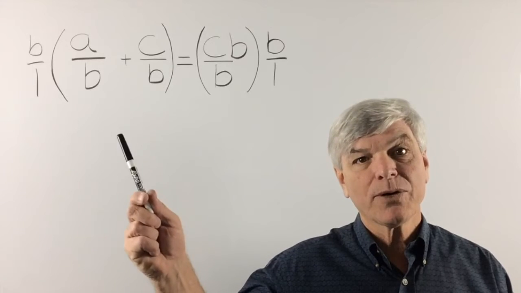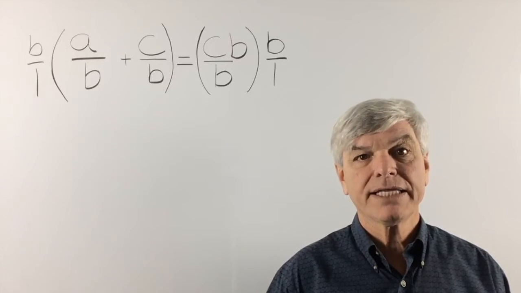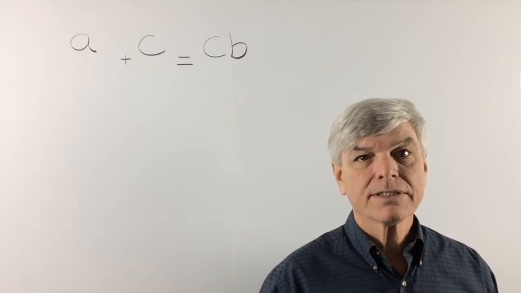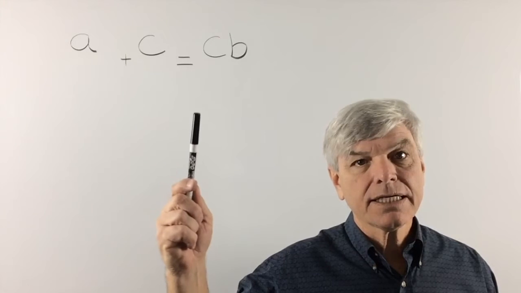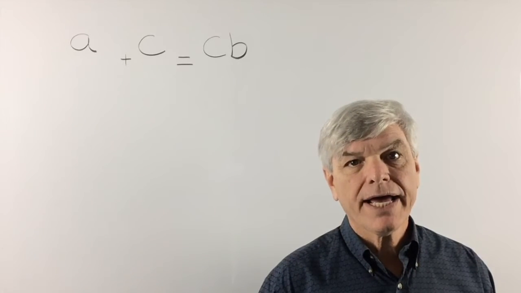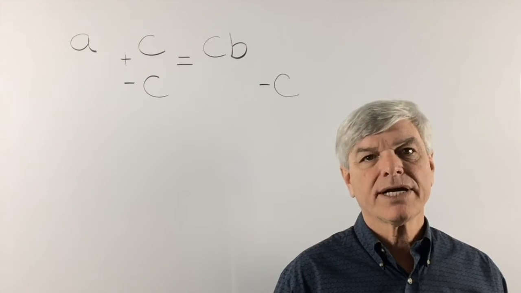So I won't be showing you how to do this anymore. Just know that you eliminate the denominators. Boy, that's a lot simpler. A plus C equals CB. And since we're solving for A, we're going to subtract C from both sides and bring everything down.